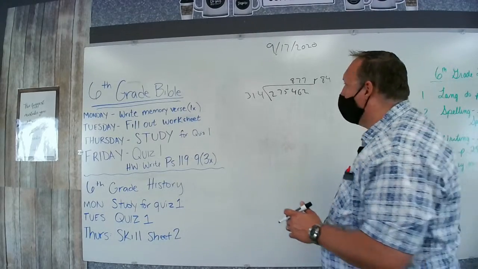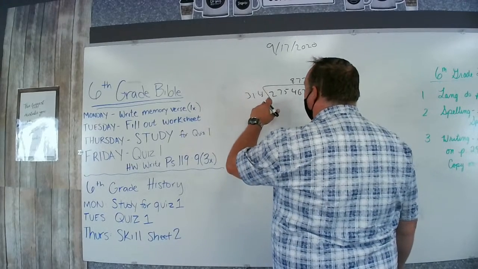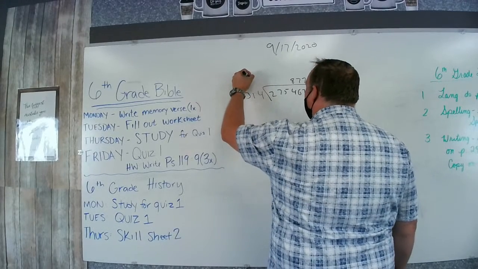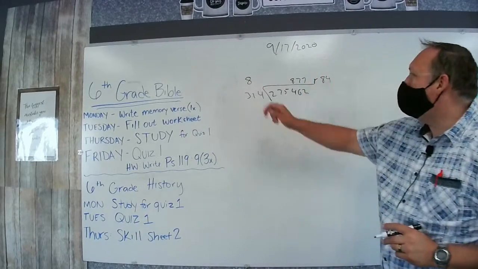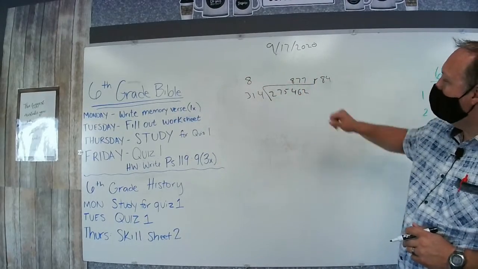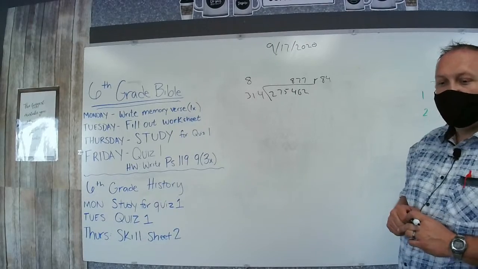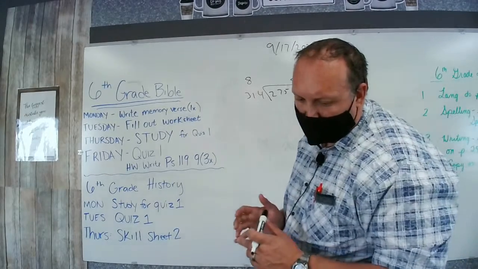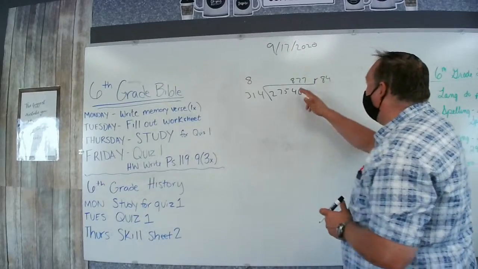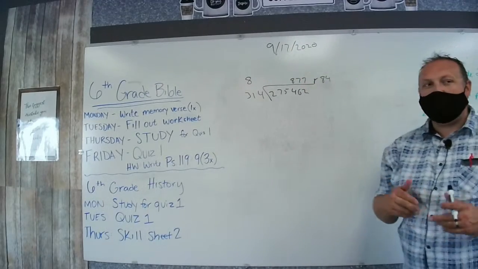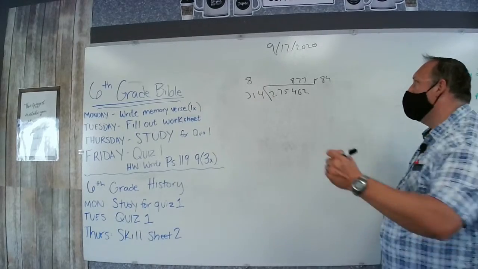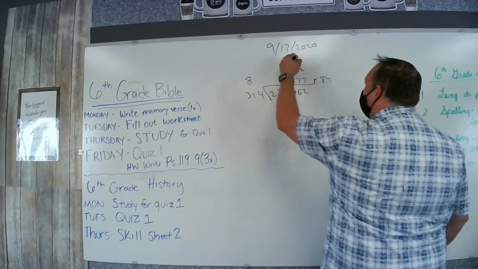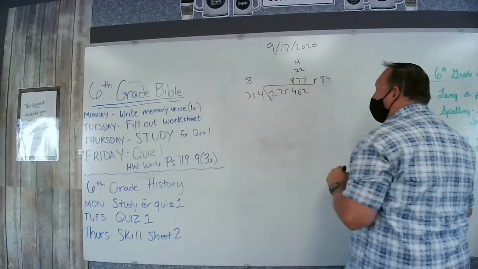No, we do not. 3 plus 1 plus 4 is 8. So we're going to put our 8 above that. Do we have any nines right here? No, we do not. So we're going to add them up just like we normally would. We're going to get 14 plus 8 is 22, right? That's a 2-digit number. We're going to change that 2-digit number to be a 4, okay?